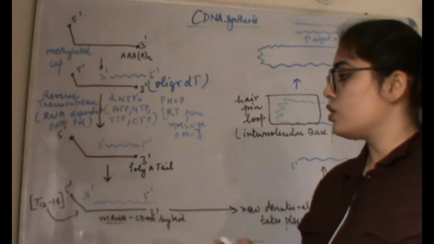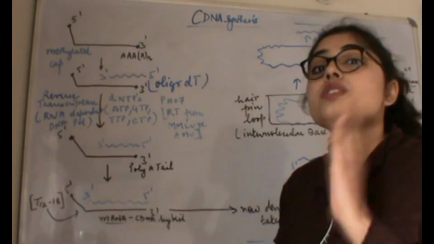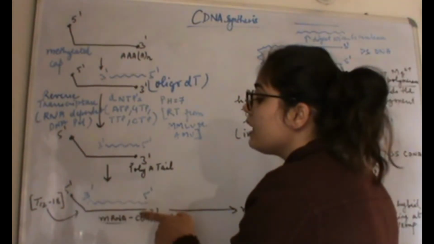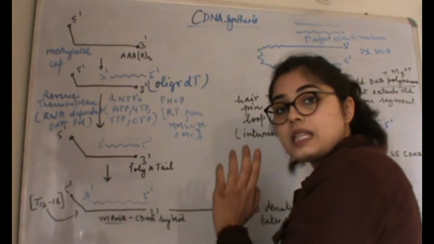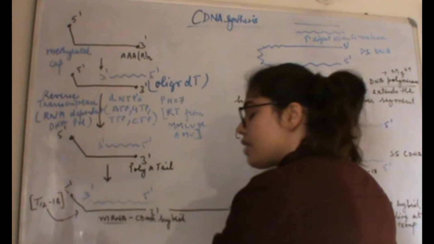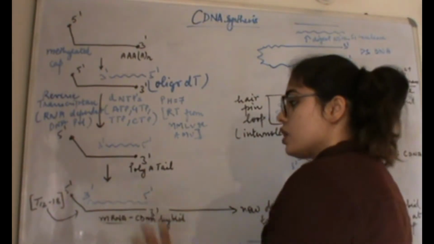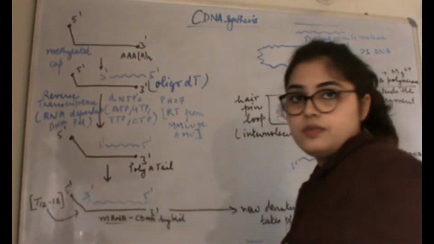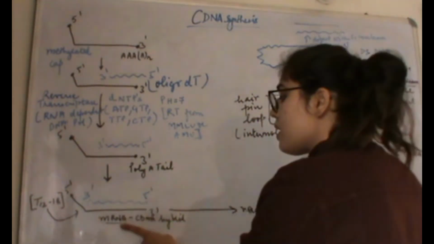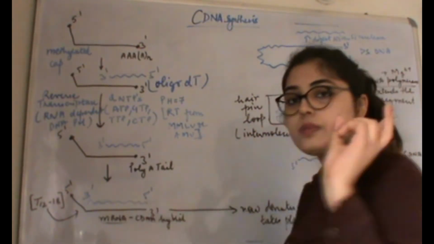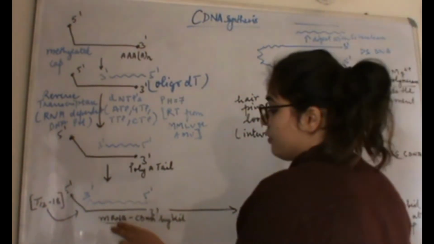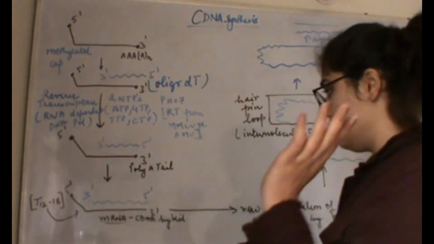That means a mixture of two different strands is present here: upon the mRNA template, a new strand has been synthesized, which is now referred to as the cDNA strand. So this whole structure will be called the mRNA-cDNA hybrid, because both strands are present, one of the mRNA, the other of the cDNA.